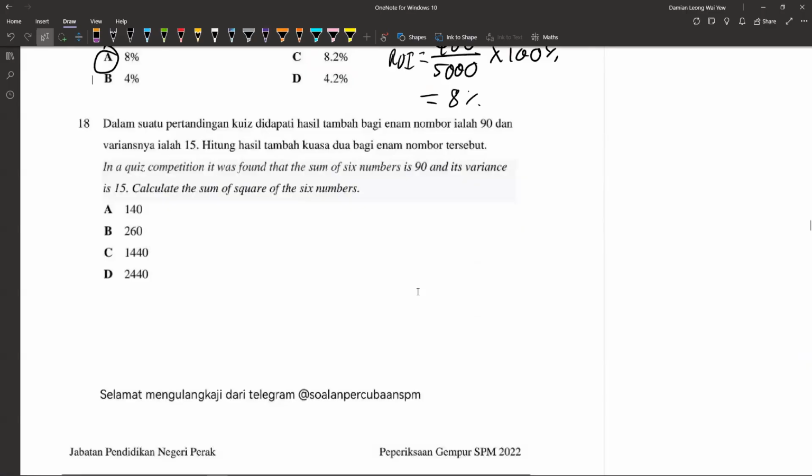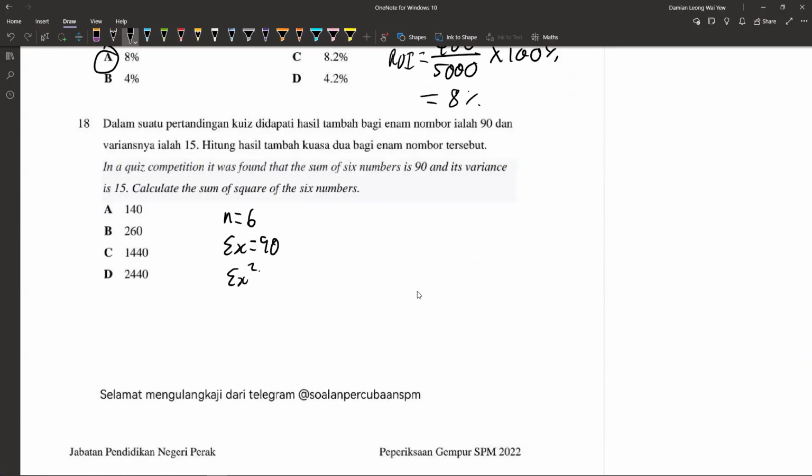Question 18. In a quiz competition, it is found that the sum of 6 numbers is 90, variance is 15. Calculate the sum of squares of the 6 numbers. Sum of 6 numbers means there are 6 numbers, n is 6. Sum of values 90.